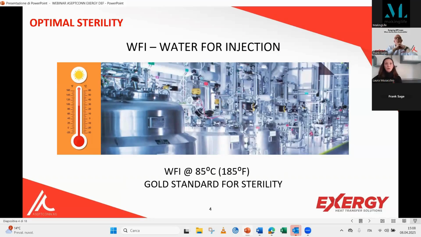That's why, when we work with water for injection, we have to respect as much as possible the gold standard for sterility. In the most traditional methods, all the WFI is generated and distributed in a high purity stainless steel loop at a constant temperature of 85 degrees, keeping the loop sanitary. This is the value that must be guaranteed when you arrive at the point of use dispenser, in order to respect all the quality requirements for the production process.